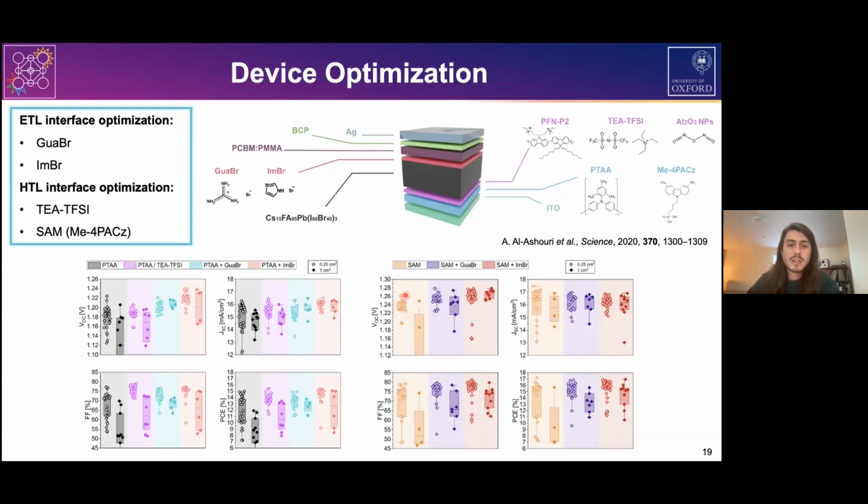But in this case, what's interesting is that if we also optimize the top interface with either guanidinium bromide or imidazolium bromide, we can push the VOC much higher, surpassing 1.28 volts, which is quite good for this type of device, with fill factors above 80% and a resulting PCE of 17%, which is a nice combination of both HTL and ETL interface improvements.